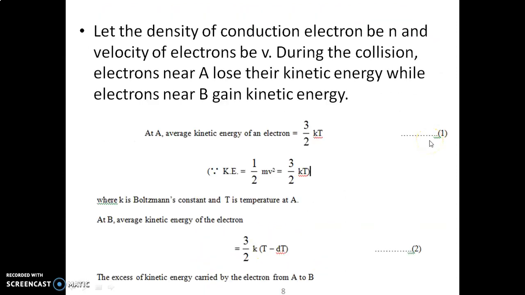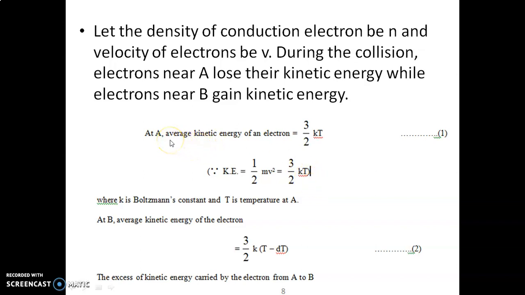Let n be the number of electrons, v the velocity of electron. We know the general expression for kinetic energy. In terms of velocity, kinetic energy of any particle is half mv square. Kinetic energy in terms of temperature of the system is 3 by 2 kT, where k is the Boltzmann constant and T is the temperature of the system.